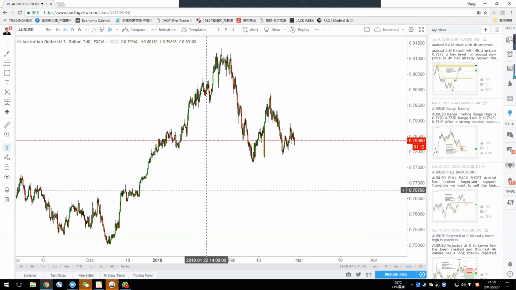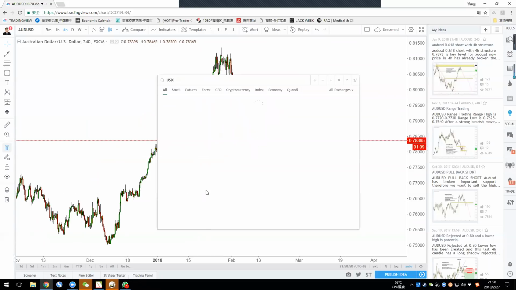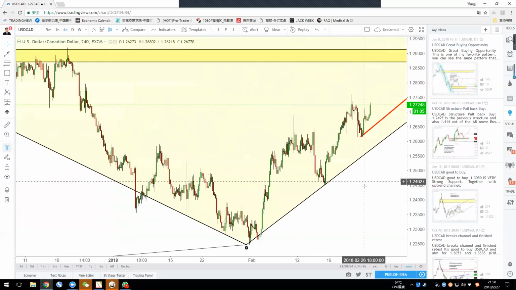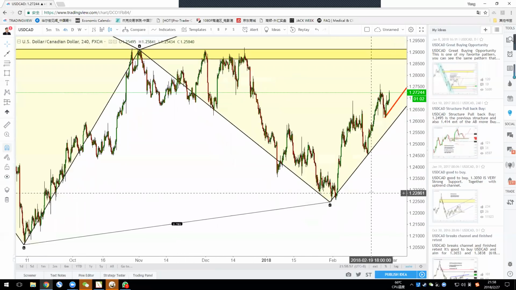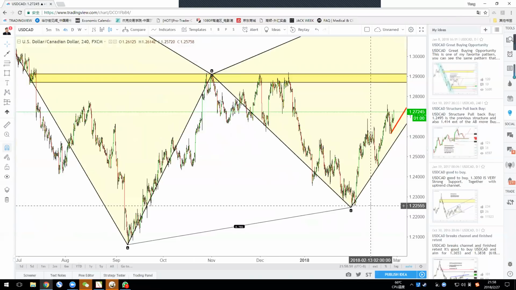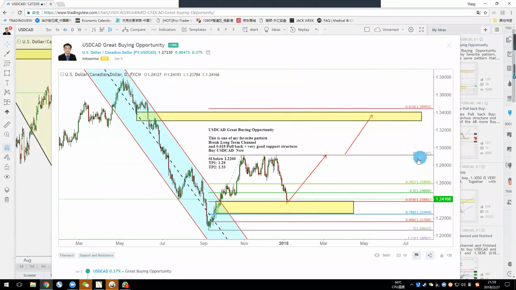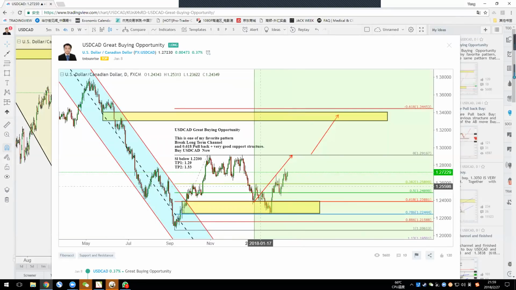So, dollar Canadian. The dollar Canadian is really a very good buy from 1.2255. If you look at what I said here last time, it is a very nice trade. The price was supported from 1.2244 to 1.2388, and now it's 1.27229.